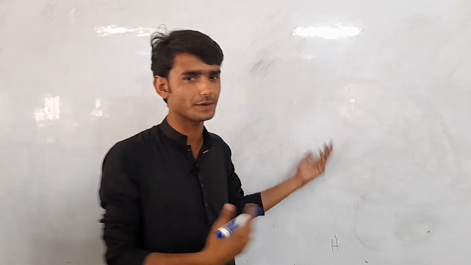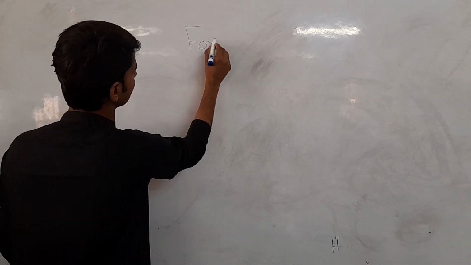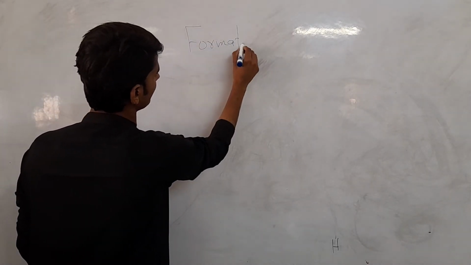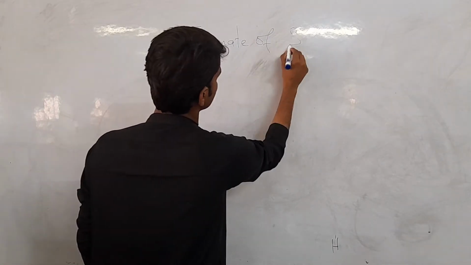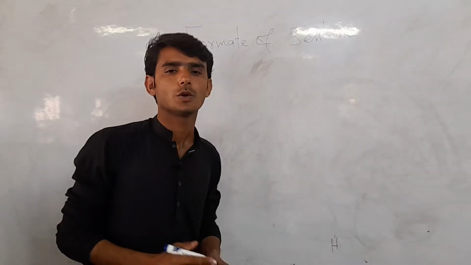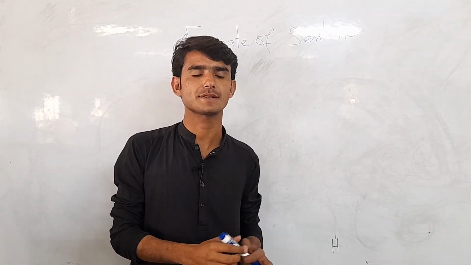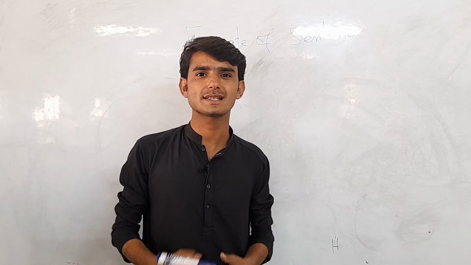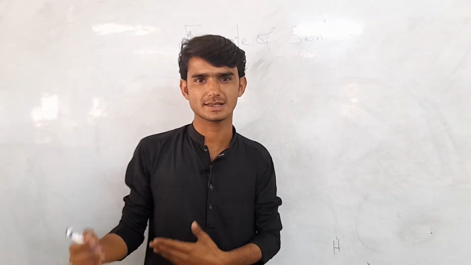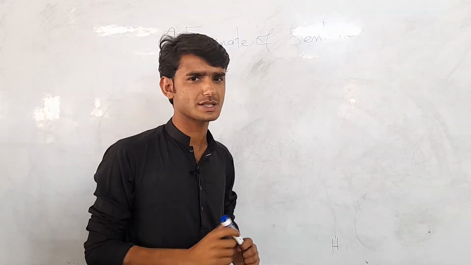Let's go for that. When we talk about the format of the sentence, we have different formats. For any sentence that gives a complete sense, we can have a very simple structure.